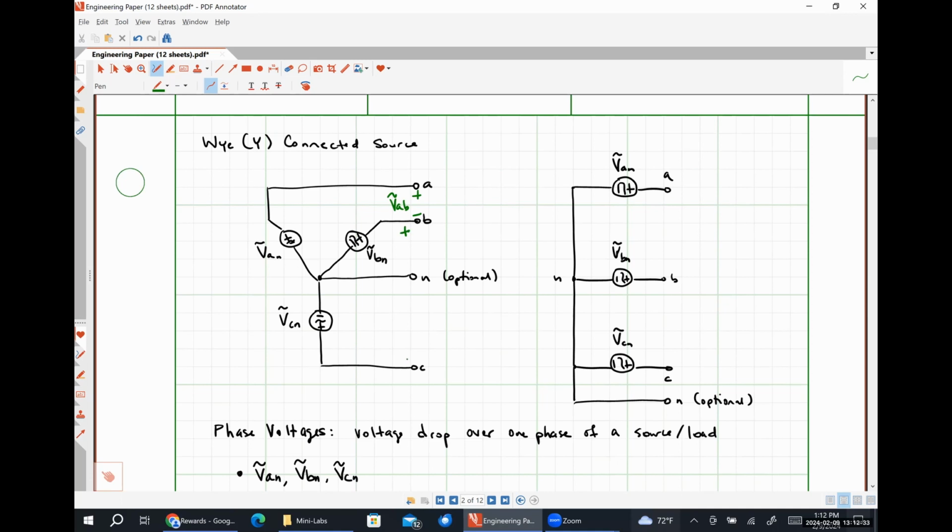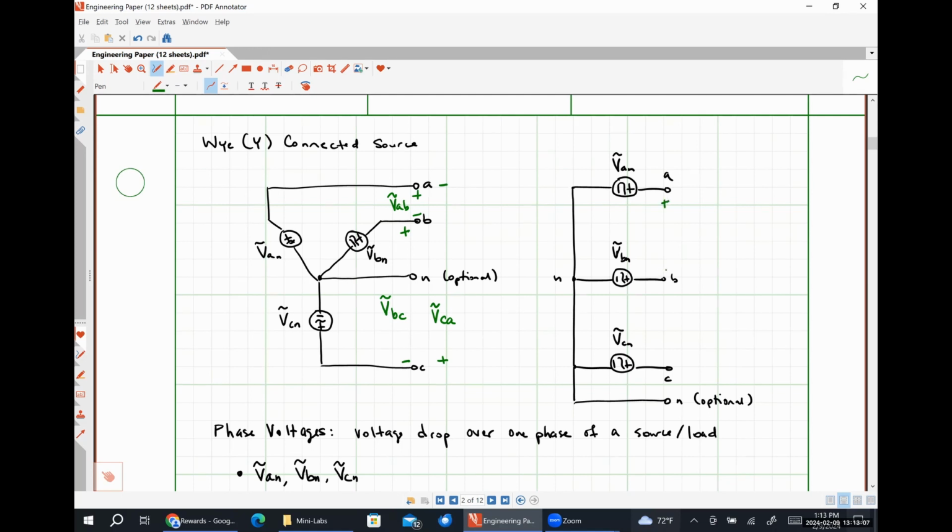This voltage right here, VBC, is also a line voltage because it's measured from one transmission line terminal to another one. And then lastly, our commonly used line voltages would be VCA, measured from the C phase to the A phase terminals.